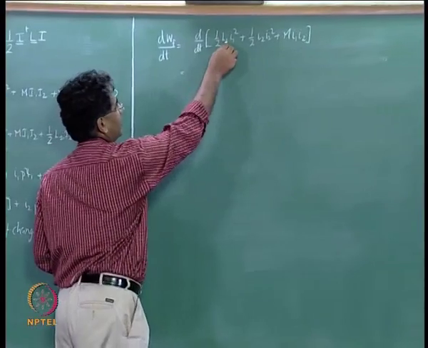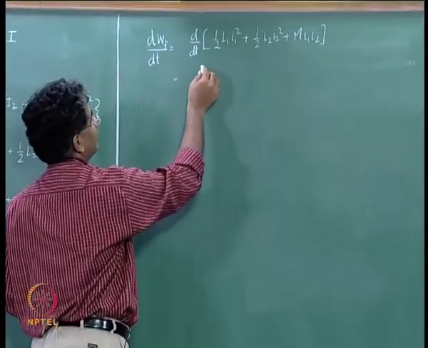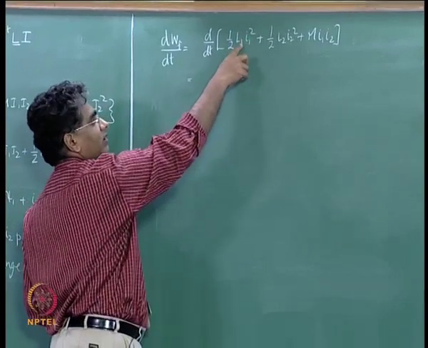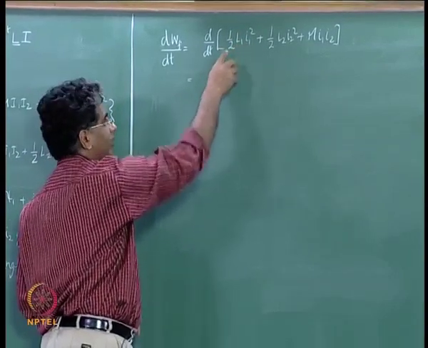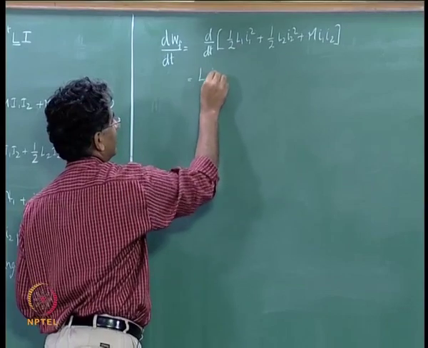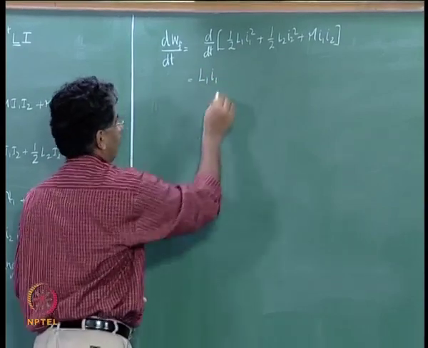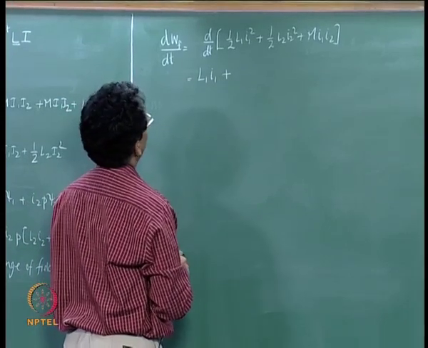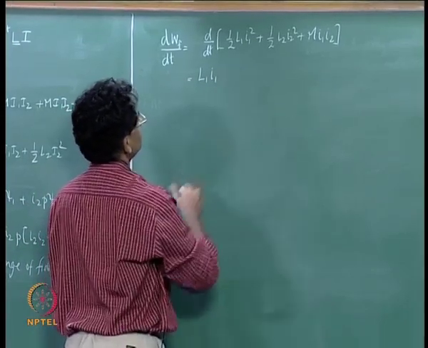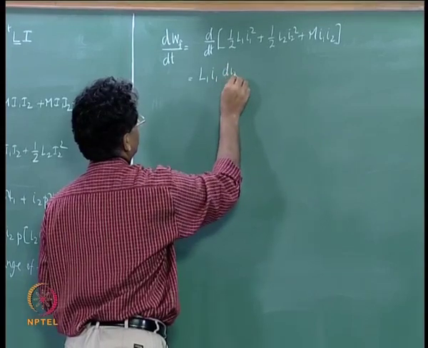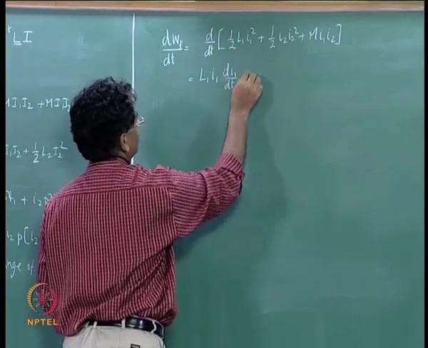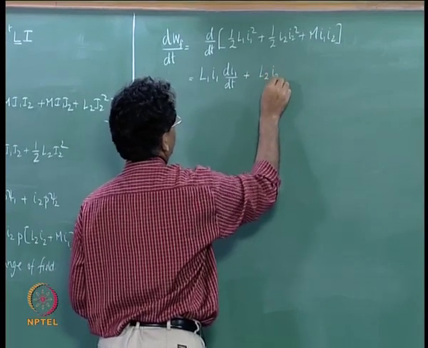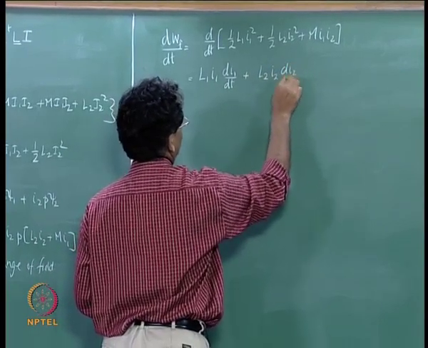Therefore L1 is a fixed number, which means the derivative of this will be 2 times I1 into L1 multiplied by half, which is nothing but L1 I1 di1 by dt plus L2 I2 di2 by dt.